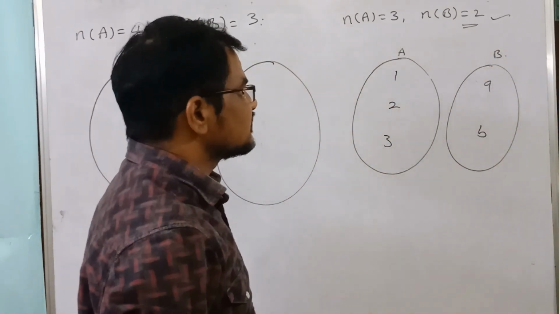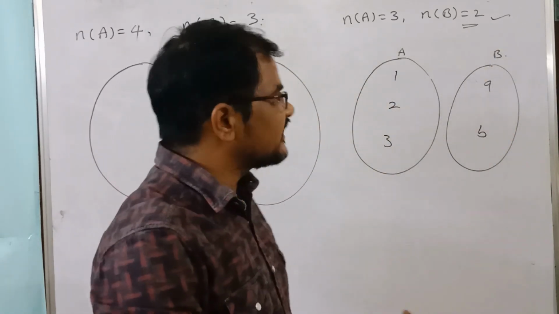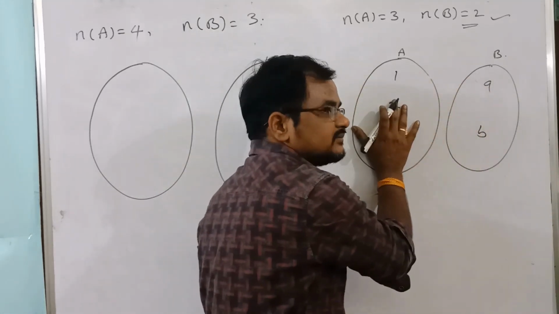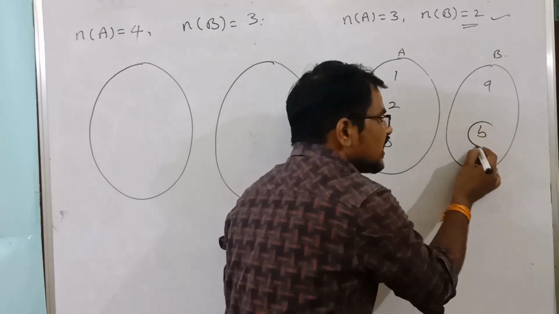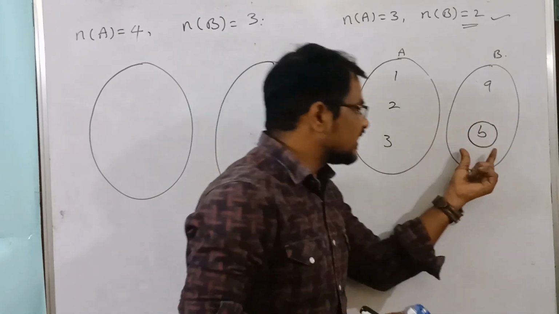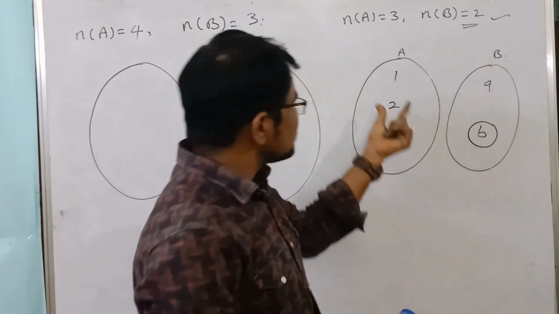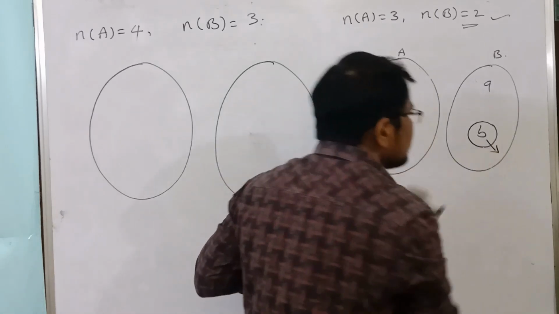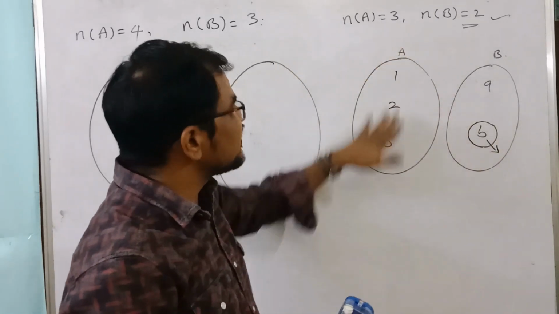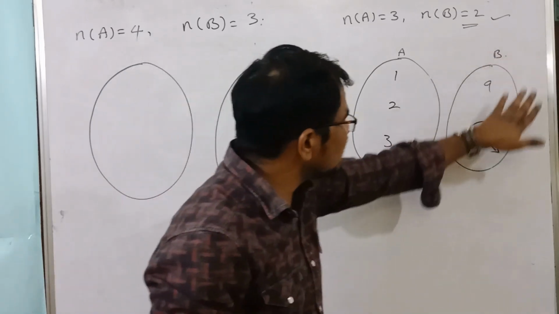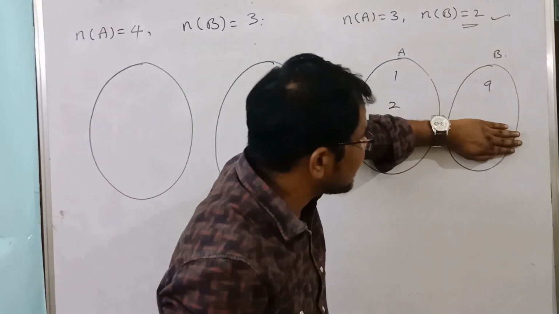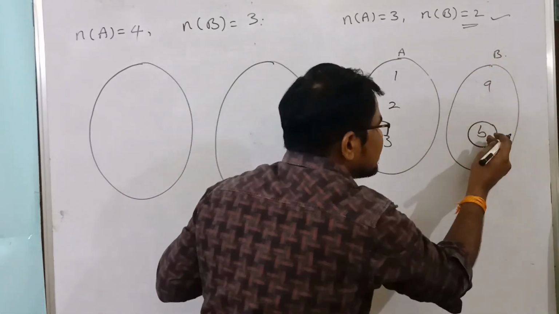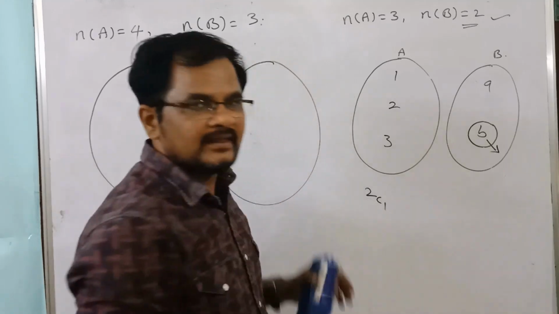To identify into functions, at least one element of B has no pre-image in A. So out of two elements we select one element for which there is no pre-image in A, which is 2C1.